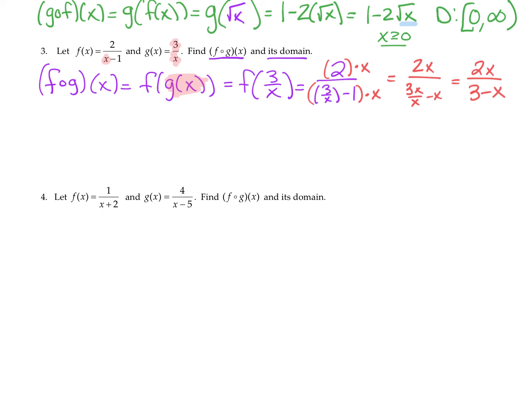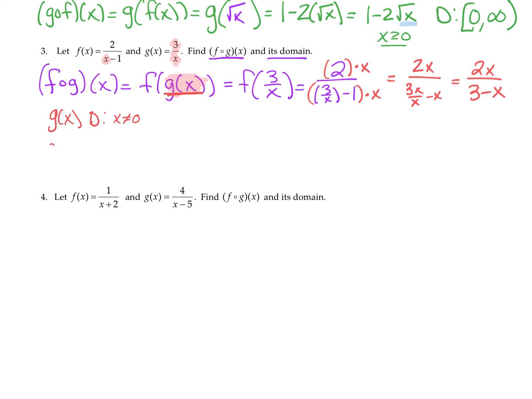So we have to think about two restrictions. Since g of x became the input or the domain of f, I have to think about what my domain of g would be. My g of x domain would have been everything except that x cannot equal 0, so it would have been negative infinity to 0, union 0 to infinity.